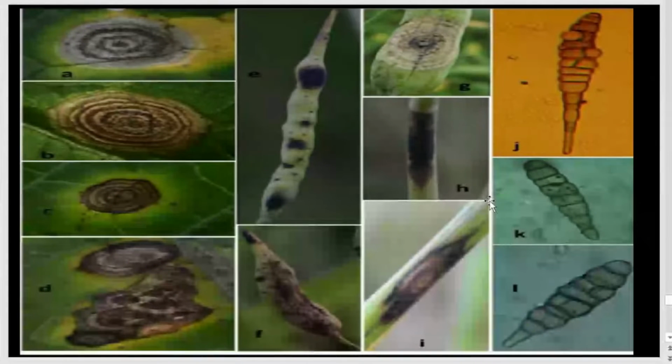Generally in solanaceous and crucifers, I will say a little about solanaceous too. Generally in crucifers, Alternaria brassicae and brassicicola are involved. So there are different species. Alternaria raphani generally infects radish. So this is an infection of Alternaria brassicicola.